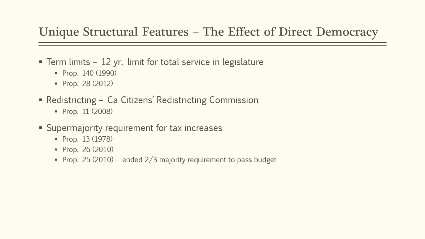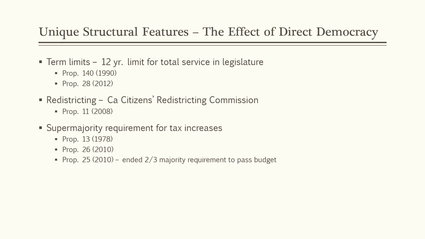Those requirements were made even stricter in the year 2010 through Proposition 26, which also imposed a supermajority requirement for things like fees as well as taxes. So the state legislature must have a 2/3 majority in each chamber in order to increase taxes.